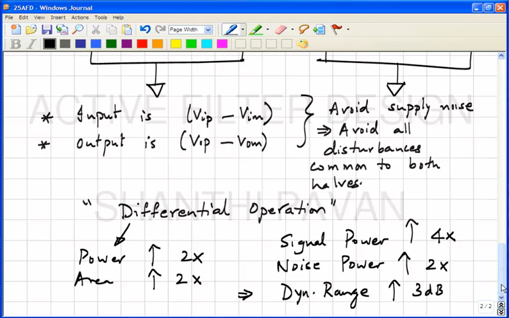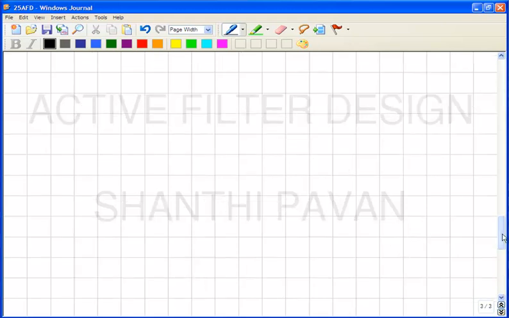The only advantage of differential operation is that you are now immune to all common mode noise. One illustration of a common mode noise source is noise on the power supply. Going forward we'll see many other noise sources. Is this clear? Okay.